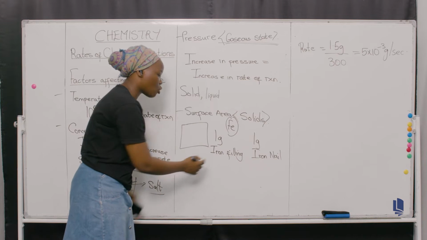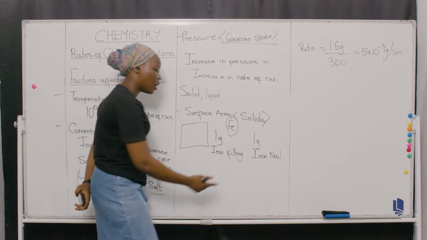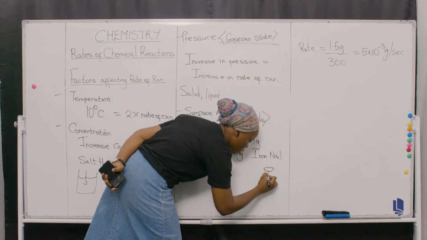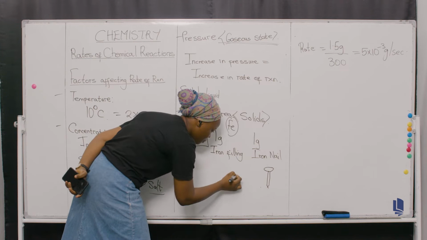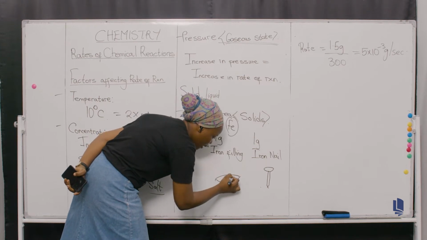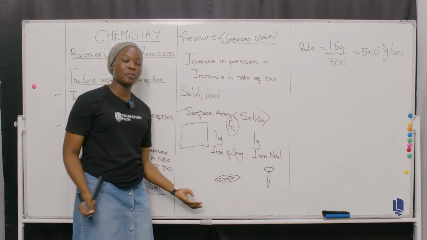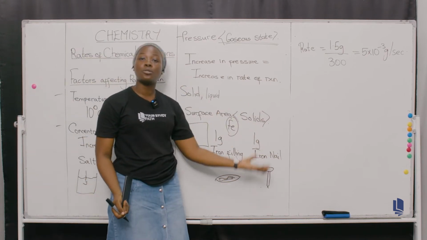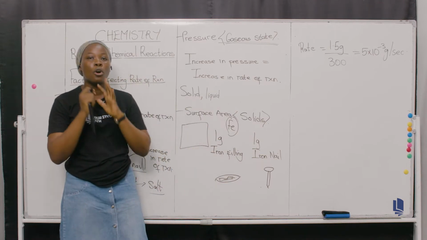Why? Because this is already in powdered form, and so it has a larger surface area than the nail. And so reaction involving this will take place fast. So surface area is peculiar to solid. Increase in surface area will bring about increase in rate of reaction.